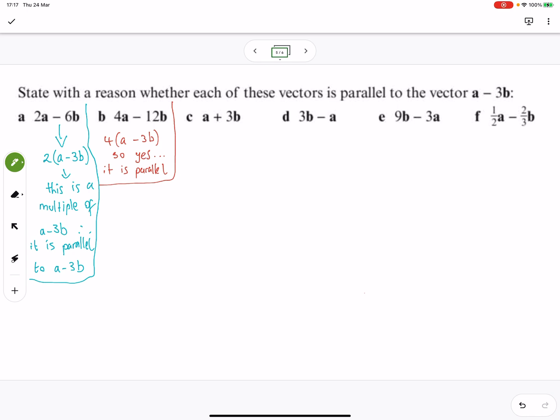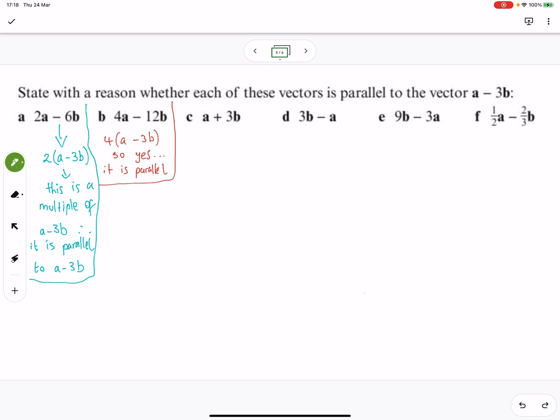Well, let's just look back at the question again. What does the question actually ask us to do? State the reason whether each of these vectors is parallel to the vector. Oh, so we're just saying if it's parallel or not. So C is not parallel because it's going the opposite direction. It's not necessarily the opposite direction, but it says a plus 3b.